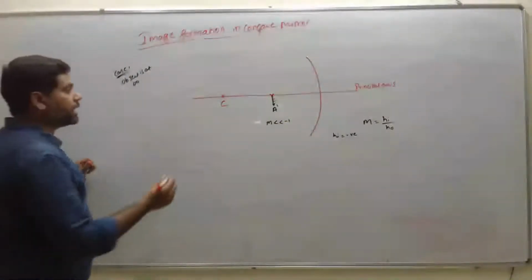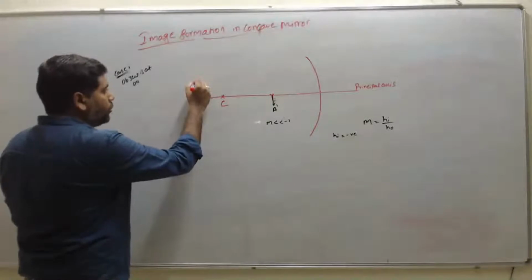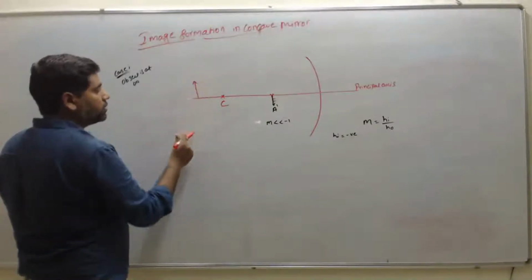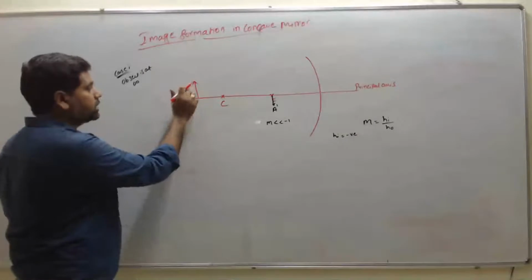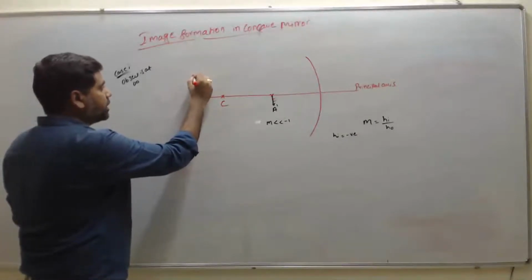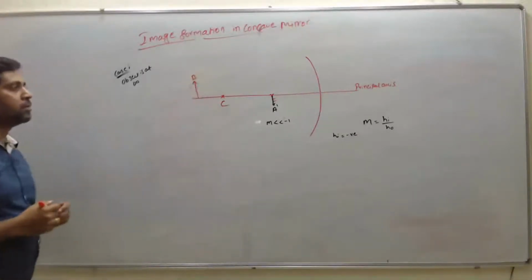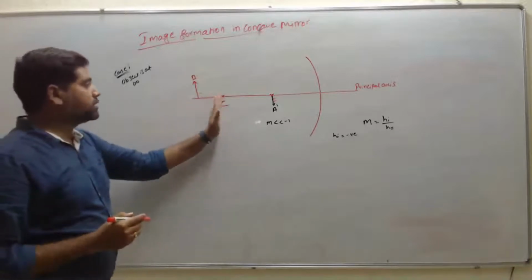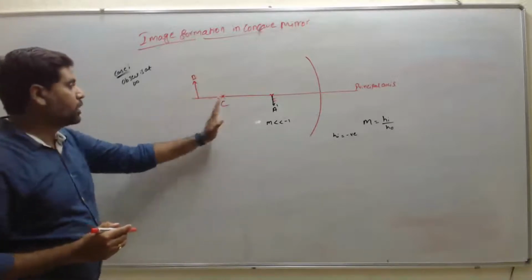Next, if we take the object beyond C, so if we consider this the object, I have taken it as B, placed behind C, right?